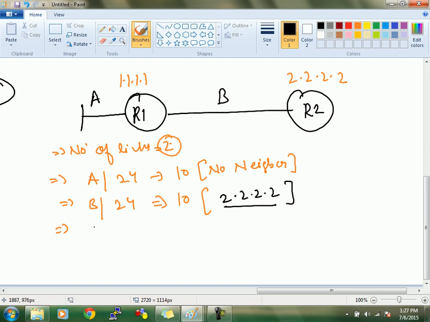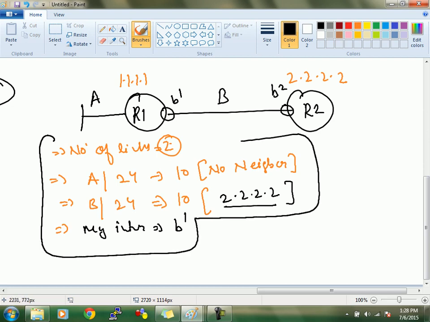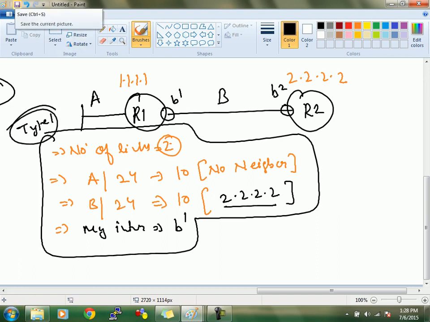Fine. My interface IP address, let's say here we are running B2. My interface IP address B1. This will be the information in which LSA type? Type 1 LSA.